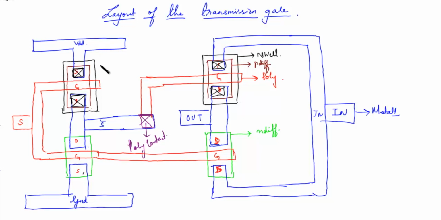So this is a P diffusion contact, or the PDC contact. This N diffusion layer is to be connected with the metal.